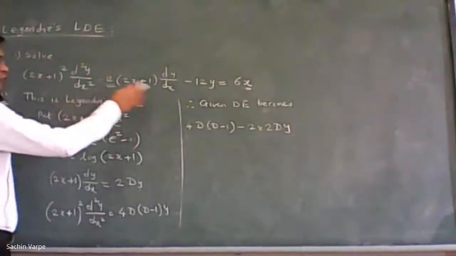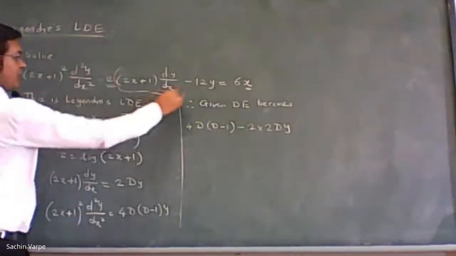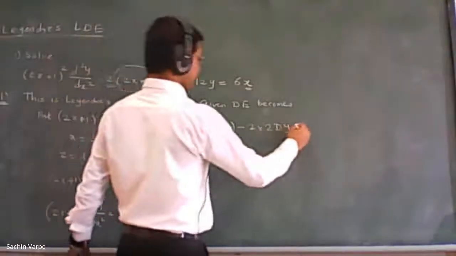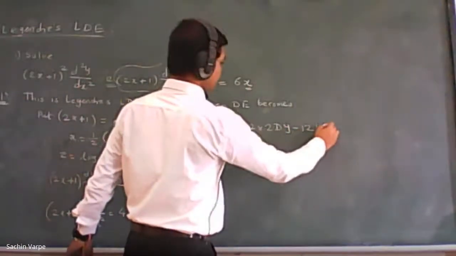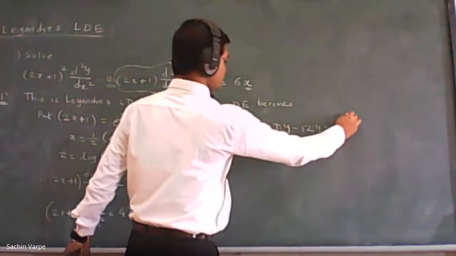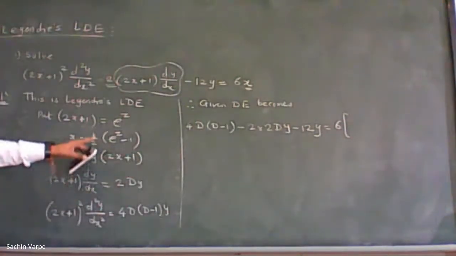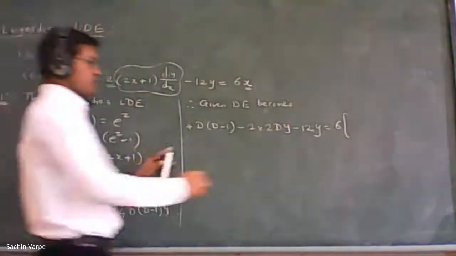So that is why 2 into this. Its substitution is 2 Dy. So that is why 2 into 2 Dy, minus 12 into y is equal to 6 into the value of x. That is half into e raised to z minus 1.